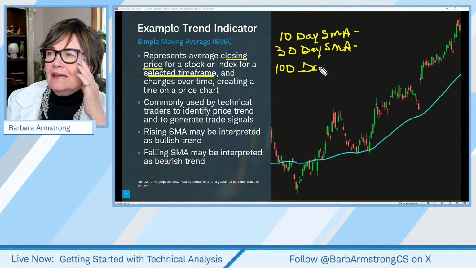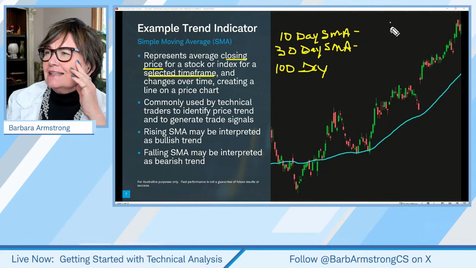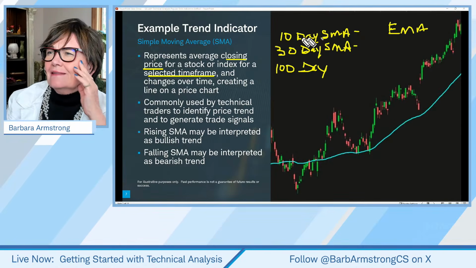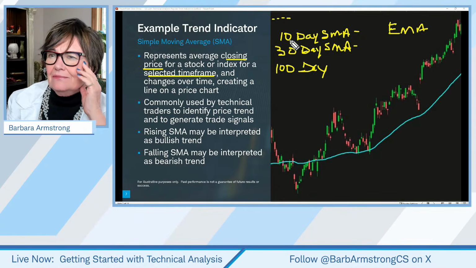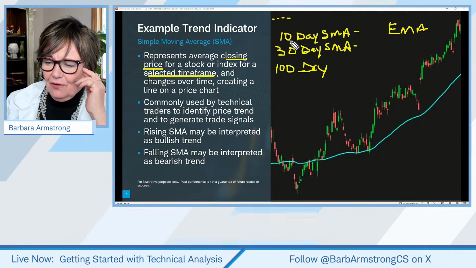Okay. Now, what's the difference between a simple moving average and an exponential moving average? Well, with a simple day moving average, they are going to take the last 10 days, the closing price on the last 10 days, and they're going to add them all up and divide by 10. And it's pretty simple.